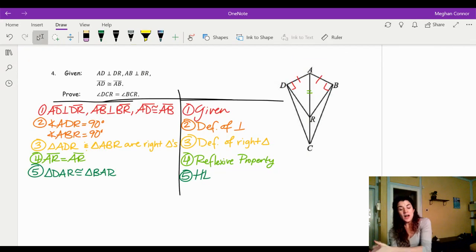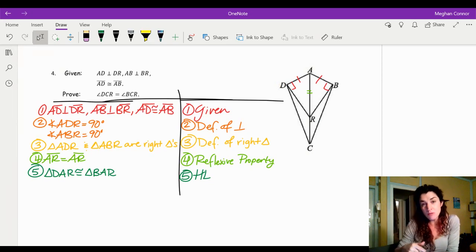And now that I've said that, I want to move on to saying that triangles ADC and ABC are equal to each other. I know I have AD and AB. I could say CA and CA. And then I realized that at angle A, we're sharing angles with the triangles I've just proven to be equal and the triangles that I want to prove to be equal.